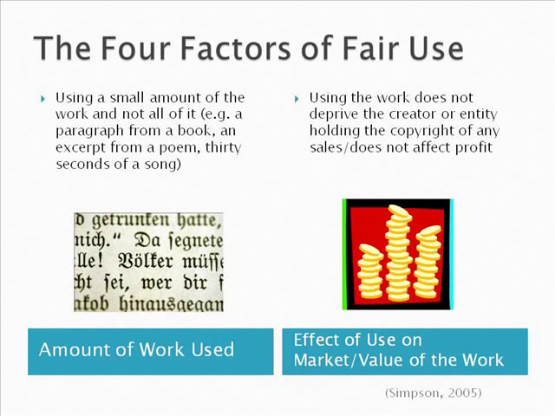However, if you plan to use an entire copyrighted poem, then you cannot claim fair use. The final factor, effect on the market or value of the work, is perhaps the most important. If you will be taking away income from the copyright holder in any way, then you cannot claim fair use.